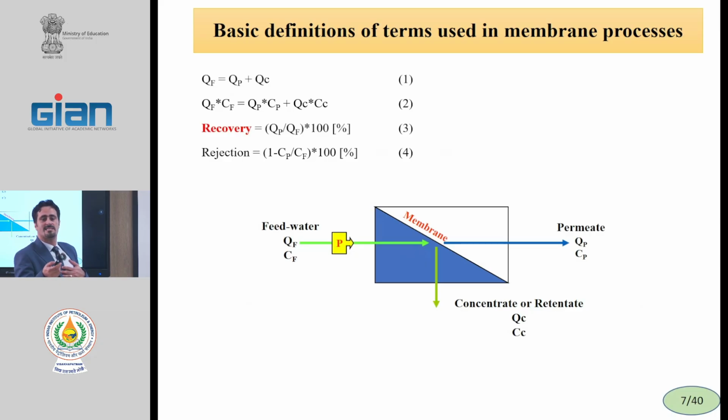Our recovery is 70%. Understand? Recovery means how much useful product we have per the first feed amount. A high recovery is good because we will have more product.